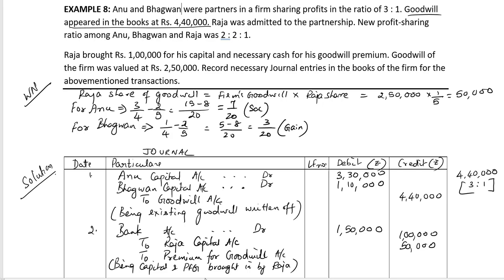Now to get the amount we need to credit Anu for, because he is sacrificing, we will take the goodwill of the firm, which is 2,50,000 rupees, and multiply it into his sacrifice, which is 7 divided by 20.